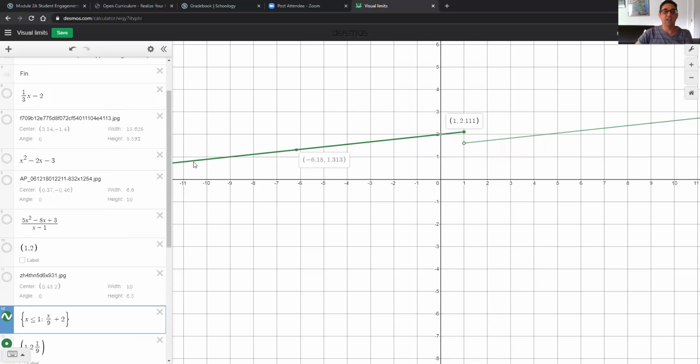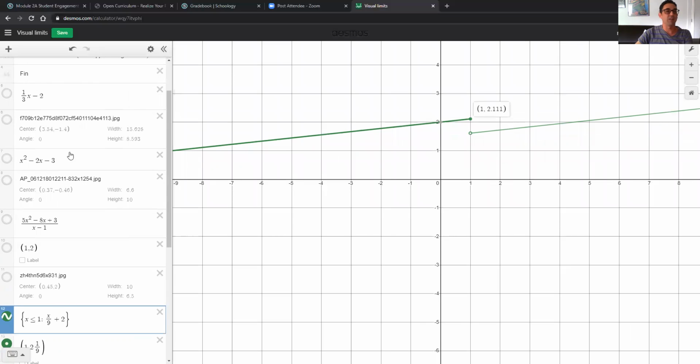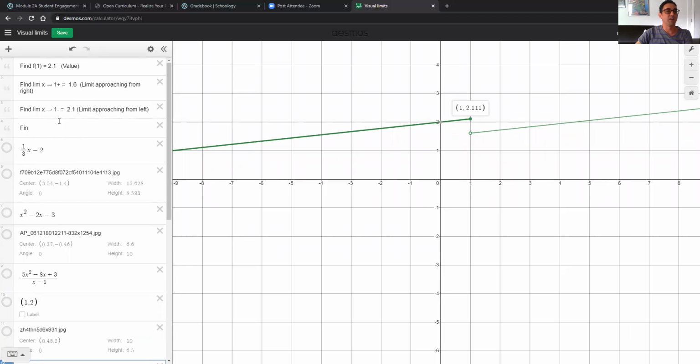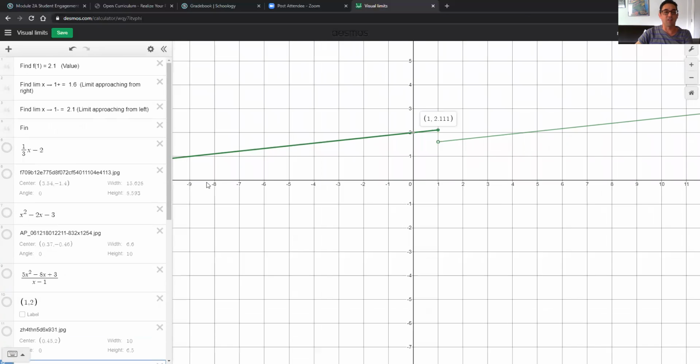But if I come from the left side of the graph, and I head closer and closer, the y values aren't 1.6. The y values are basically, or if you round it, are 2.1. So we call that 1 minus, because that's the left side of the graph, all the negative numbers on the left side. So approaching x to 1 minus is approaching from the left, and x approaches 1 plus means you're coming from the right.